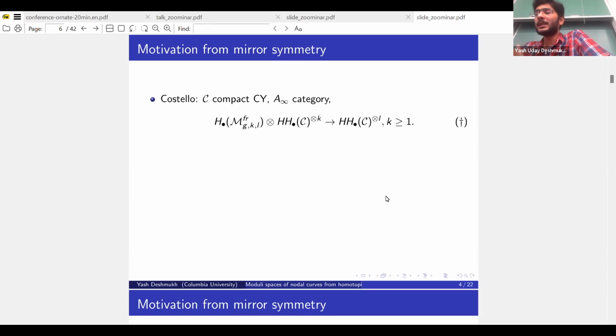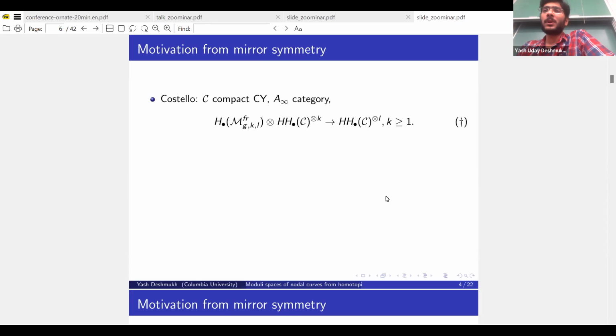But these are the properties that many of the categories that arise in mirror symmetry usually have. So let's look at what the statement says. It's saying that there are maps from Hochschild homology's kth power to Hochschild homology's lth power, coming from the homology classes of a certain moduli space.